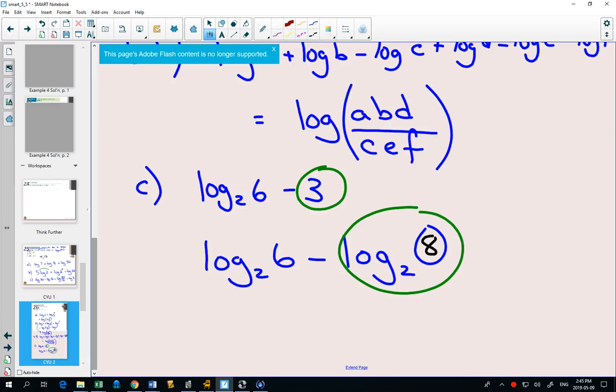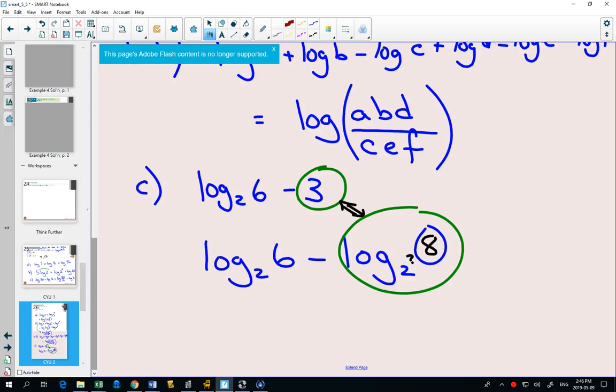8. Why? Remember, logs solve for exponents. So when I write log 2 of 8, really what I'm doing is saying to myself, 2 to what exponent is 8? And you know that 2 cubed is 8, so log 2 of 8 is equal to 3. And if they're equal, then log 2 of 6 minus 3 is the same as log 2 of 6 minus log 2 of 8.